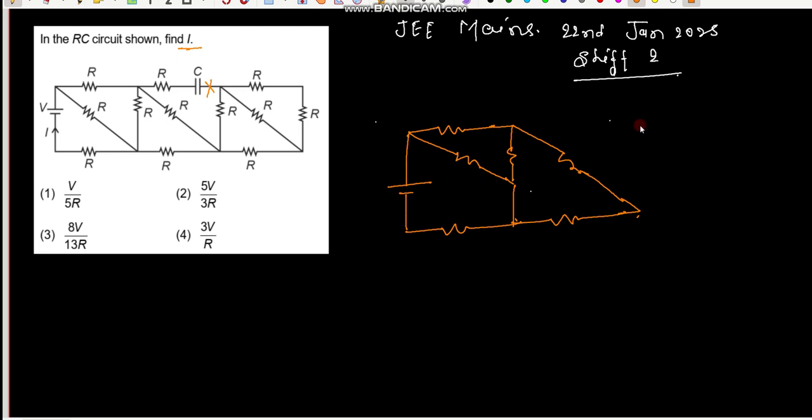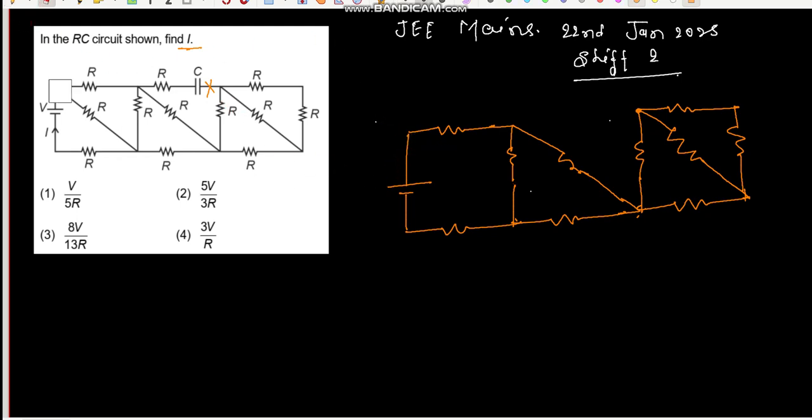The remaining part of the circuit is something like this. This part becomes obsolete because after a sufficient amount of time the current through this wire is going to be zero because of the capacitor. In steady state, this is what happens.